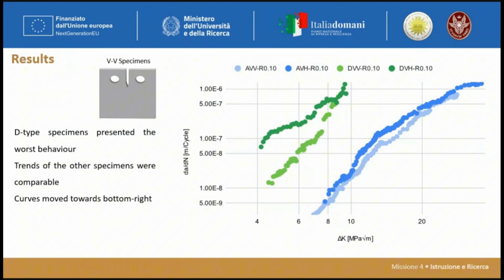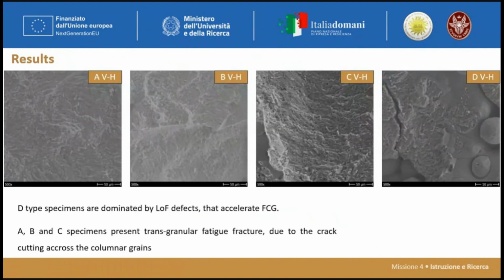But to understand this phenomenon better, we carried out some analysis of the fracture surface. Here we can observe the fracture surfaces for the horizontal specimens, and we can see that, especially for the A specimen, we can observe a sort of transgranular fracture.